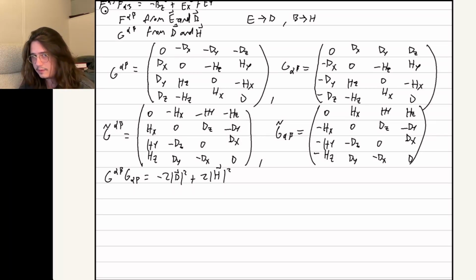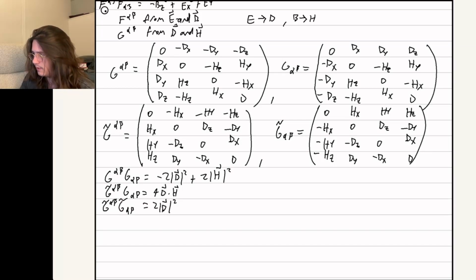So just replace E with D and B with H. And then the same goes for all of these invariants. So this is going to be 4 times D dot H, and this is going to be 2D squared minus 2H squared.